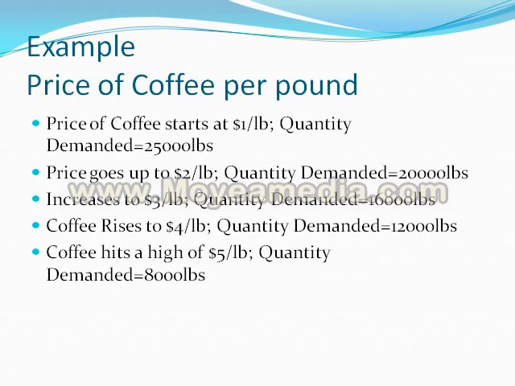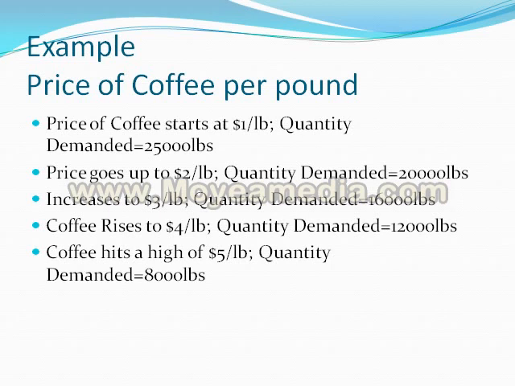There's very few people that want to buy coffee at $5 a pound. They think it's expensive. So your consumers have made the quantity demanded drop significantly down to 8,000 pounds. When coffee was at $1, things were good. Quantity demanded 25,000 pounds. Now, coffee hits an all-time high of $5 a pound. Your quantity demanded is 8,000 pounds.